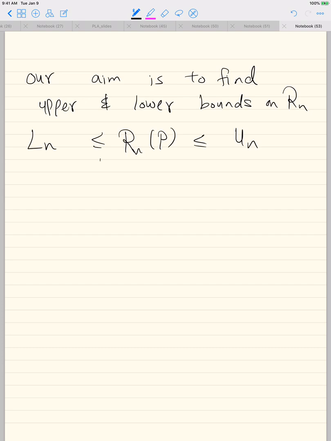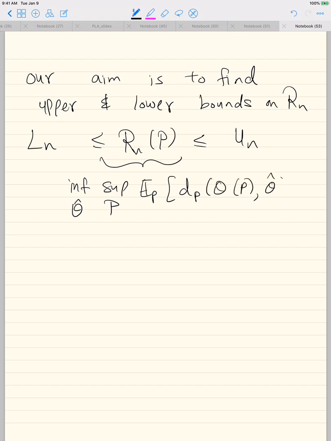So remember, Rn of P is the inf over theta hat sup over P of EP. Okay. This is the general definition. We want to get an upper bound and lower bound.